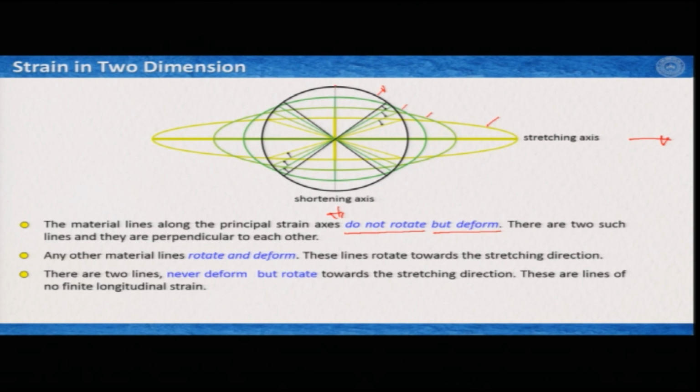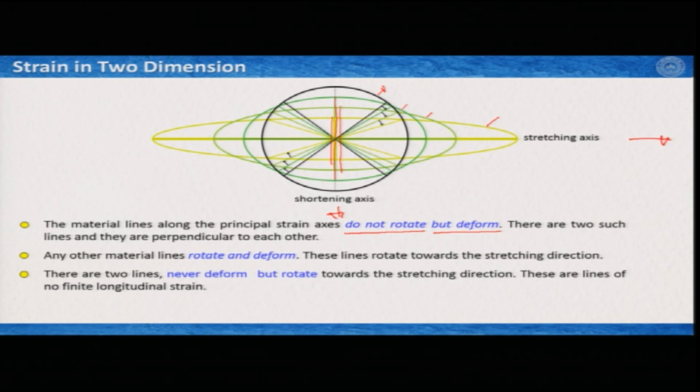For example, this line now deformed to this, then in the next it deformed to this, and in the third it deforms to this length. Any other material lines than these two principal strain axes rotate and also deform, and these lines rotate towards the stretching direction of the principal strain ellipse.